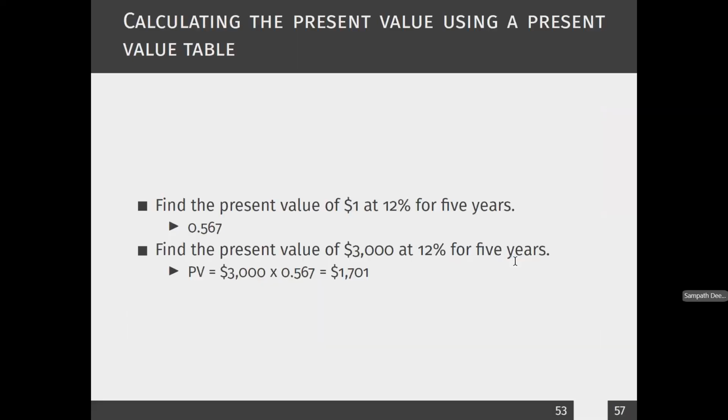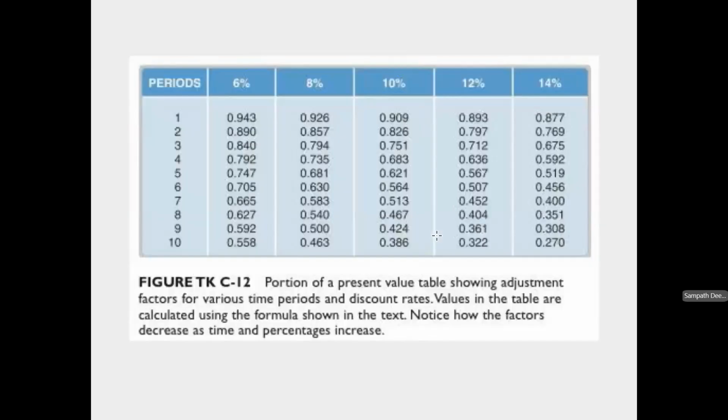Right? Now let's say we want to find out the present value of $1, at 12% for 5 years. We look up 5 years at 12%, so the value is 0.567.